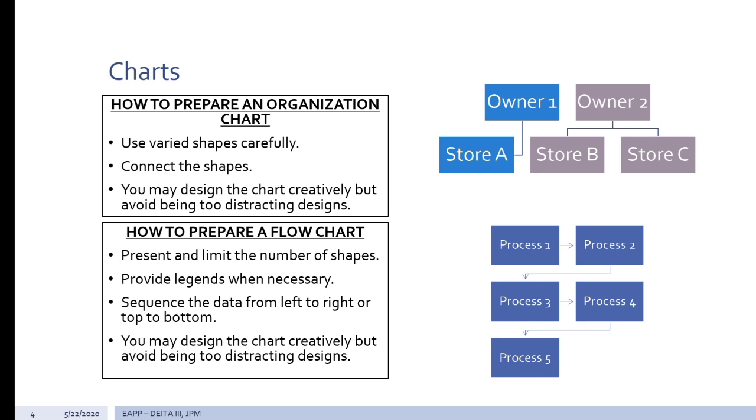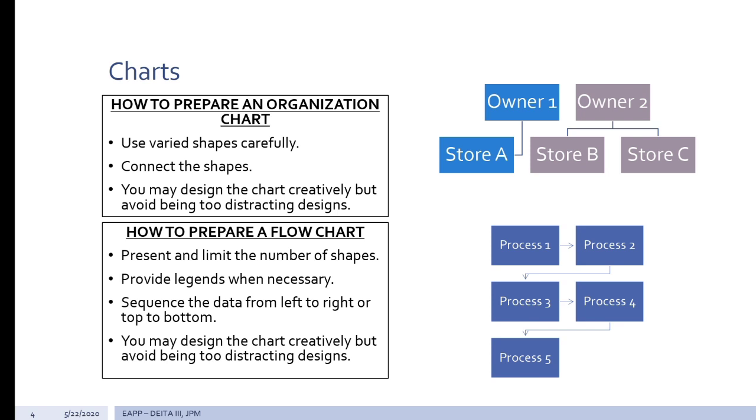Okay, a little typo there. So yeah, why do we need to avoid distracting designs? Mainly because it would create confusion for the audience or for the particular reader. Now, with an organization chart, normally we use lines instead of arrows, as arrows would represent a particular process.